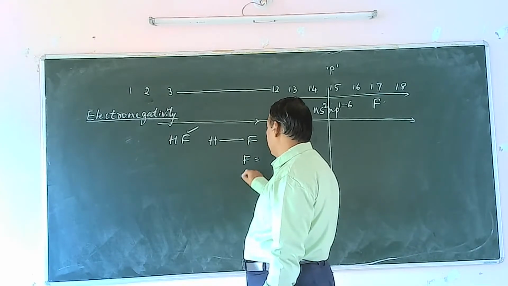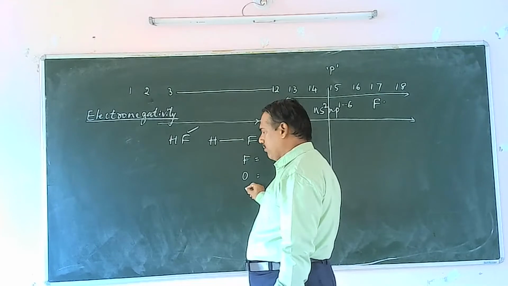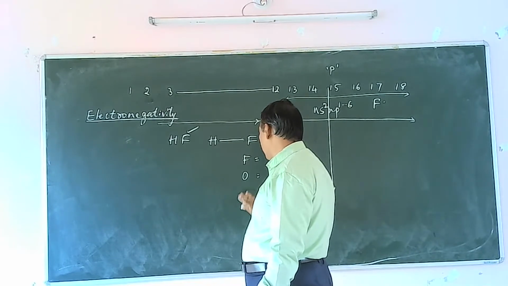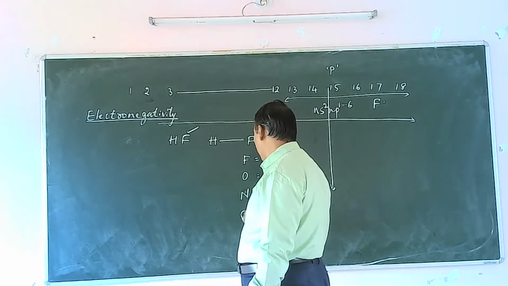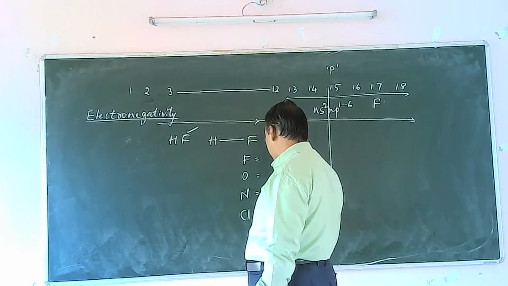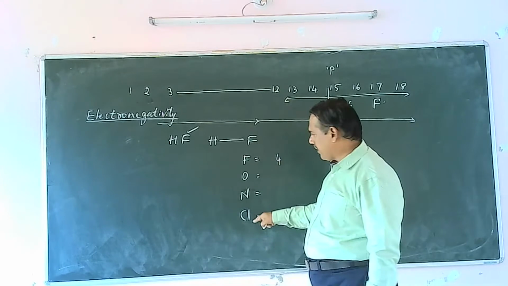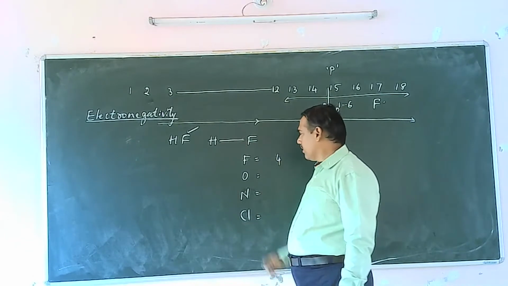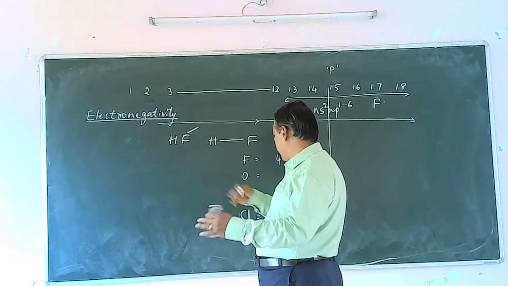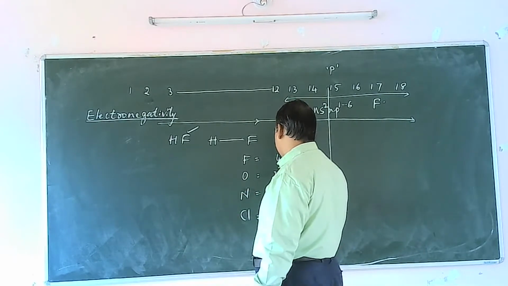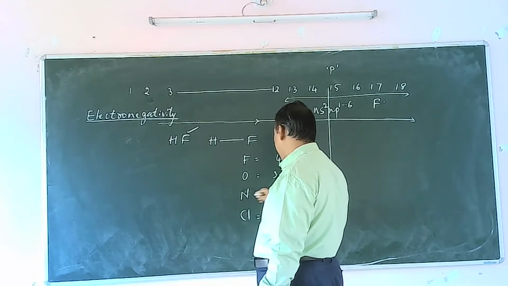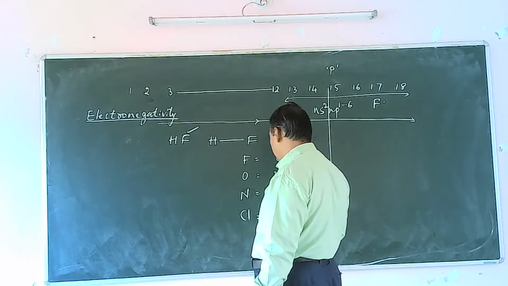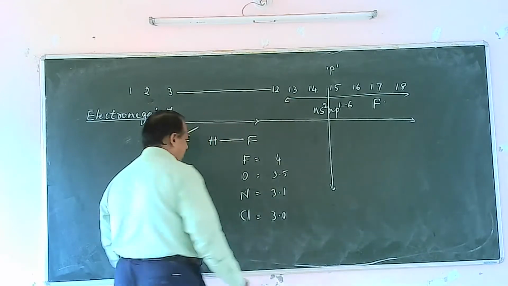Next, oxygen nearly 3.5, then nitrogen, chlorine, and these are four elements which show more electronegativity. See, the value may vary, but oxygen can show 3.5, nitrogen 3.1 and chlorine nearly 3.